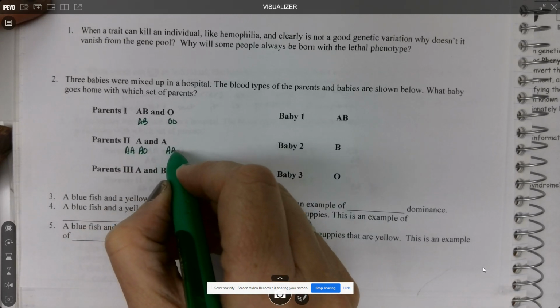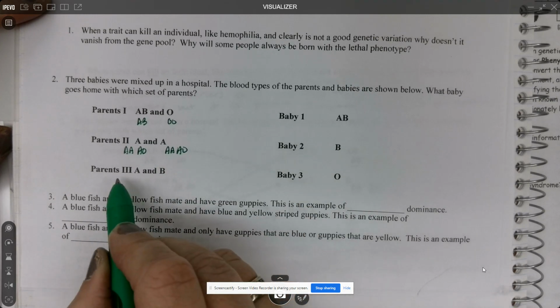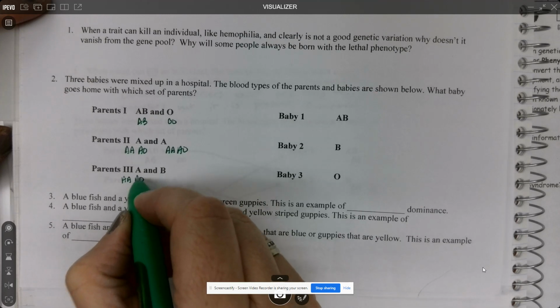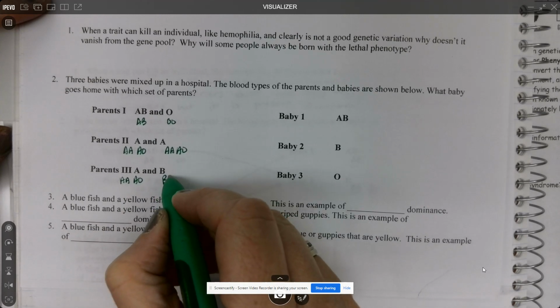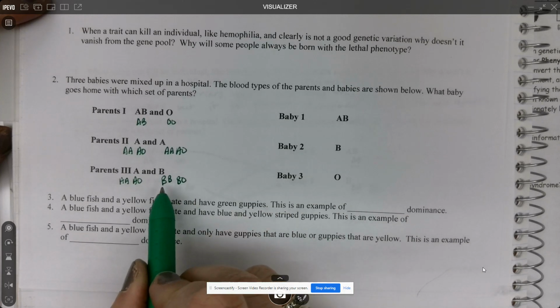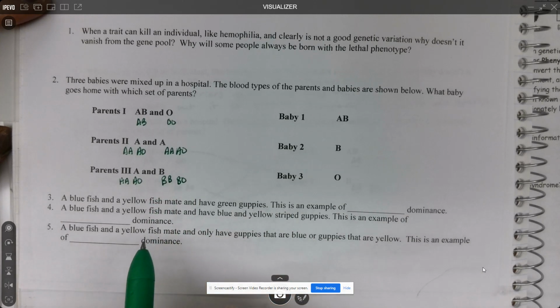So this parent could be AA or AO. We don't know. The group 3 parents, they are either big A or big AO. And then the other parent is a B parent. So we don't know what genotype, if they're homozygous or heterozygous for this.